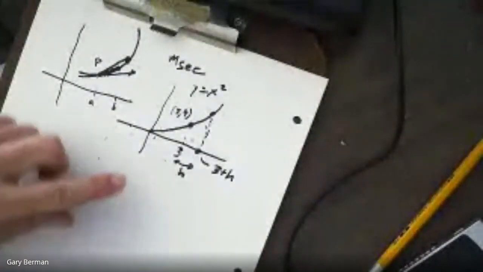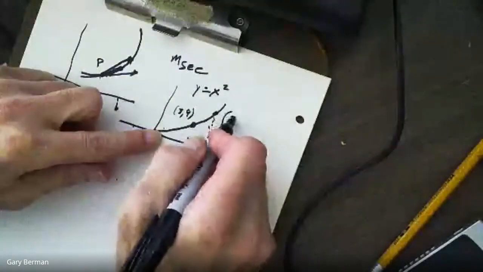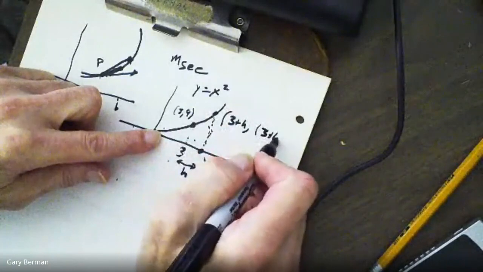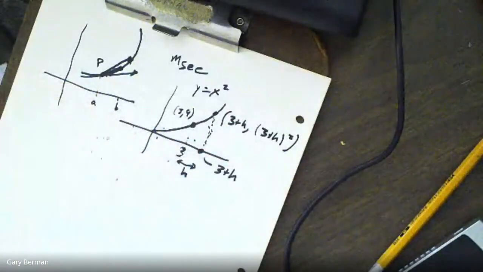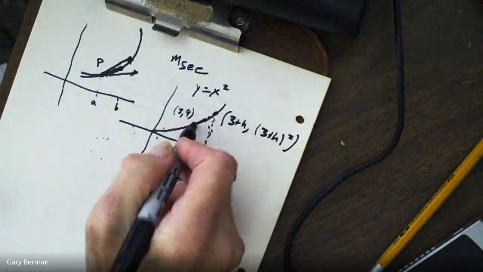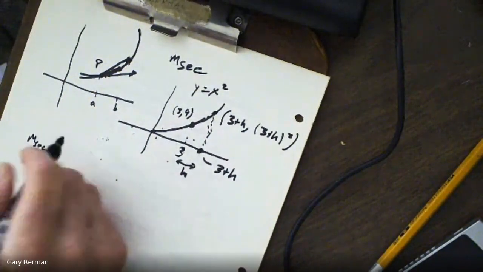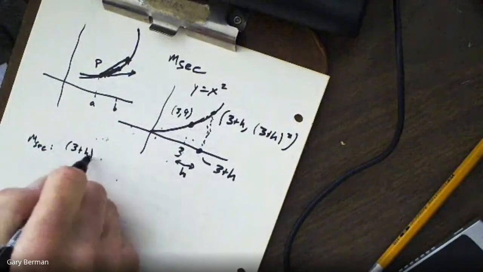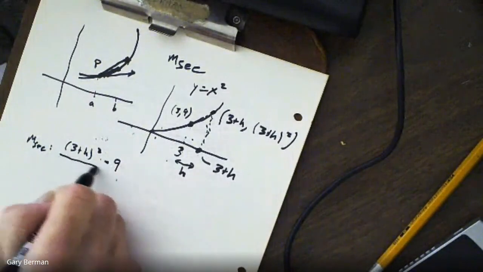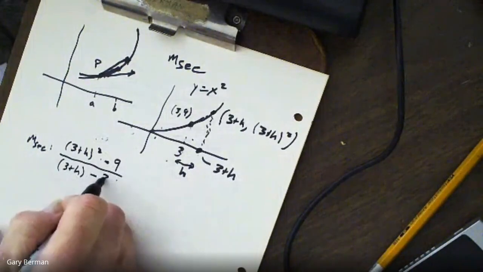So what would be the coordinates of this point? Well, the x value is 3 plus h. The y value is going to be (3 plus h) squared. If we drew in the secant line, the slope of the secant line would be the change in the y value, (3 plus h) squared minus 9, over the change in the x value, which is 3 plus h minus 3.